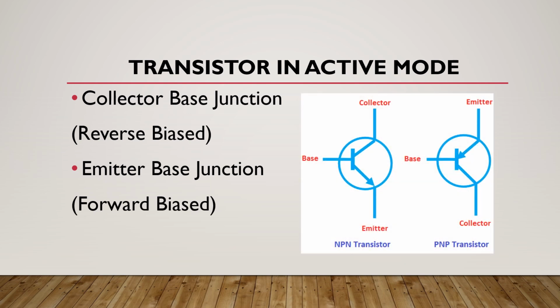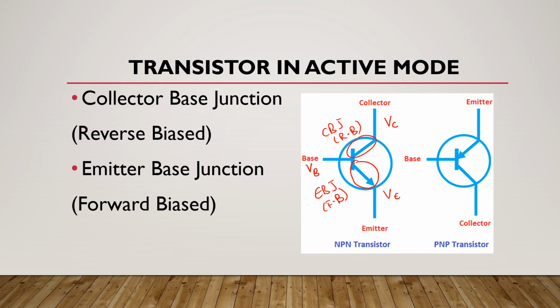We know that in an NPN transistor, this is the collector base junction, which is reverse biased in active mode, and this is the emitter base junction, which is forward biased in this mode. And here the voltage will be VB, in the collector the voltage will be VC, and in the emitter the voltage will be VE.